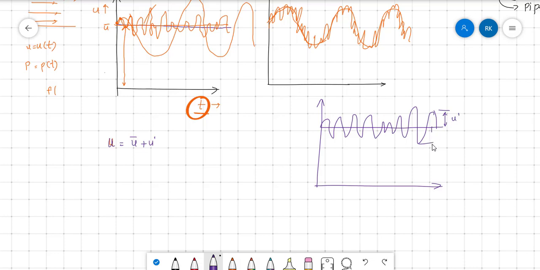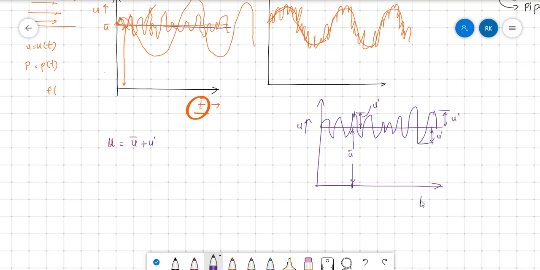How much it is fluctuating above or below the mean value, that is called u dash. If I need to specify the velocity at some time, say 2 seconds, at this point, it will be this u bar plus this u dash. That is the velocity at that particular time and at that particular point that we consider.